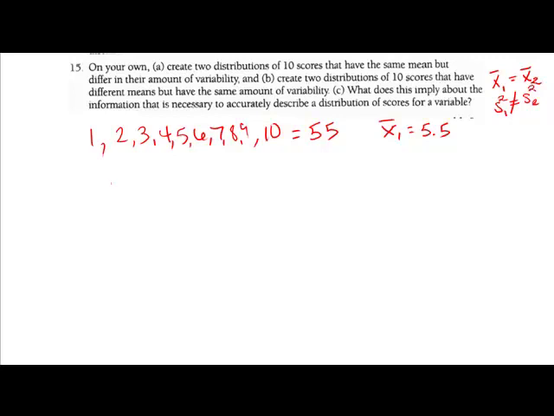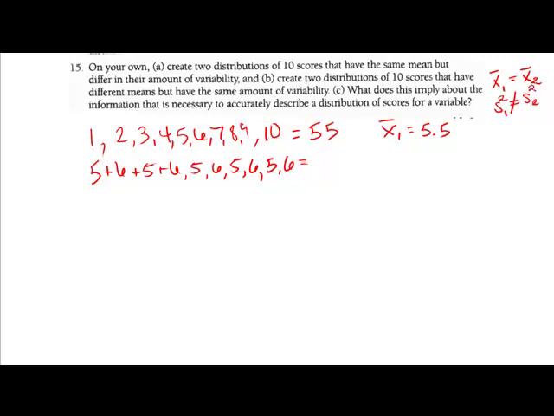I could just write 5.5 all the way across, but then it'd have 0 variability. So let's make it 5s and 6s. 5 plus 6 plus 5, 6, and then a 5 and a 6, and a 5 and a 6. And one more group, a 5 and a 6. So now I have 10 numbers.